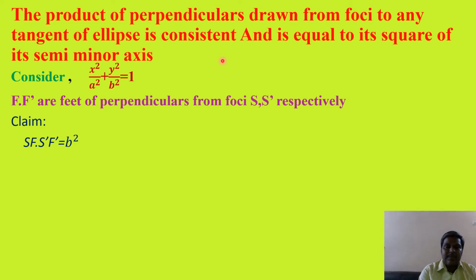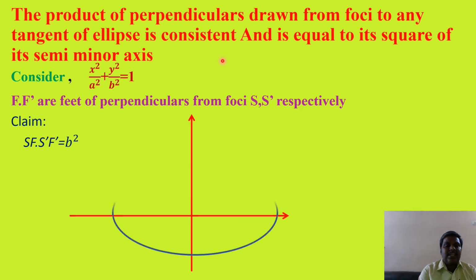Okay. This is your x-axis, y-axis. It is the given ellipse, x square by a square plus y square by b square equal to 1, a greater than b, say. This is focus S dash. This is the other focus S. Now consider any tangent as shown in the figure.